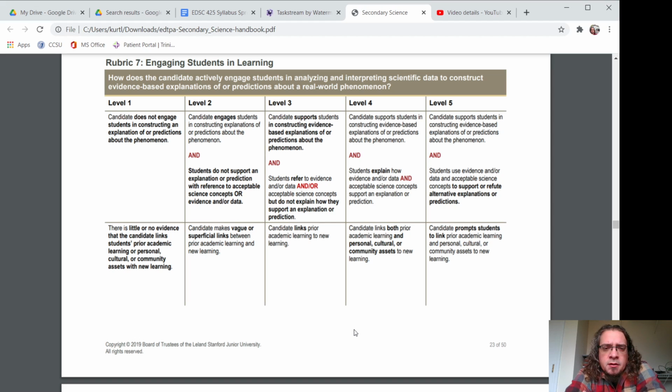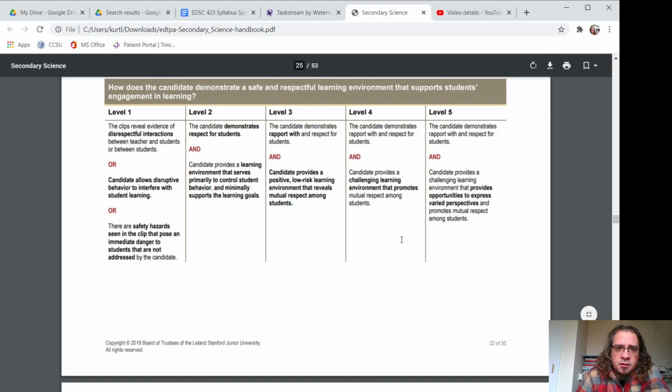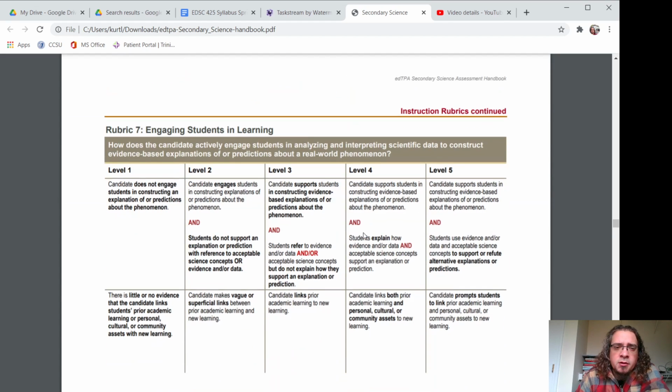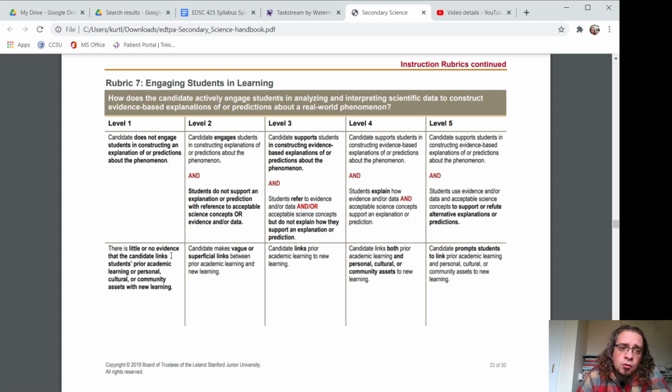The other part of this is you can see that there's the two-parter. Let me go back to 6 for a second, right? So if you look at this rubric, you just see the one row across. Rubric 7, you see the 2 rows. Ooh, right? So much fun. So now let's pay attention to that second row.